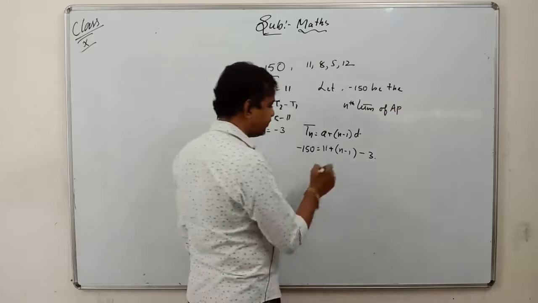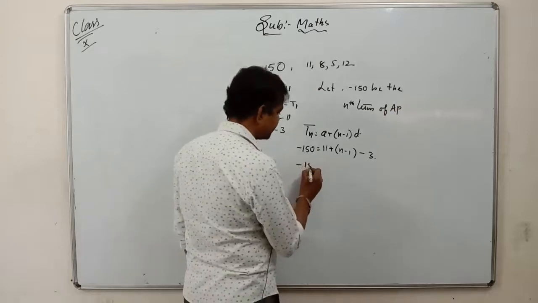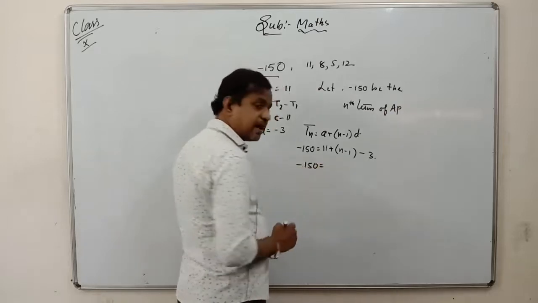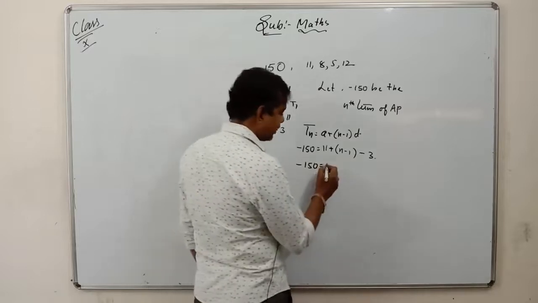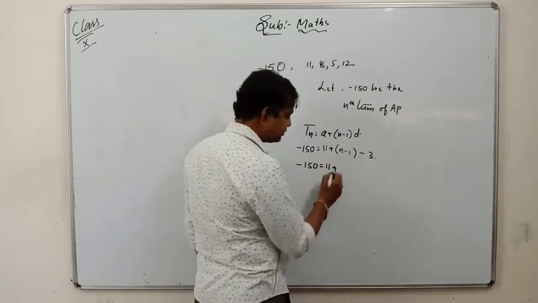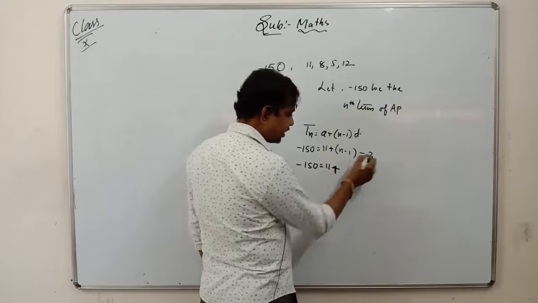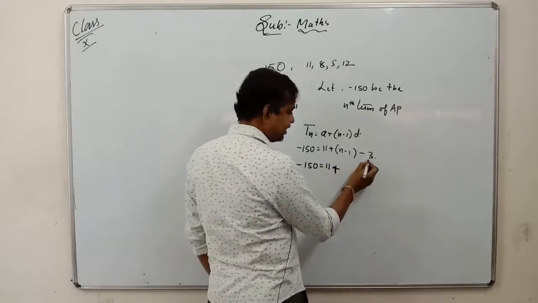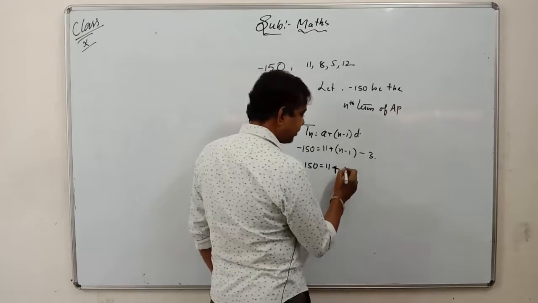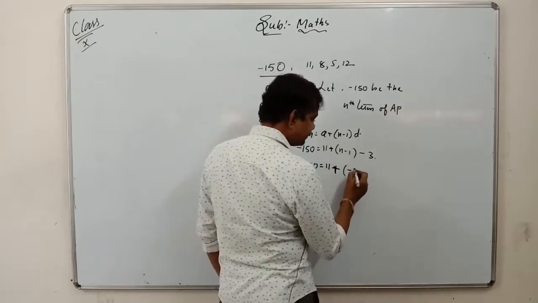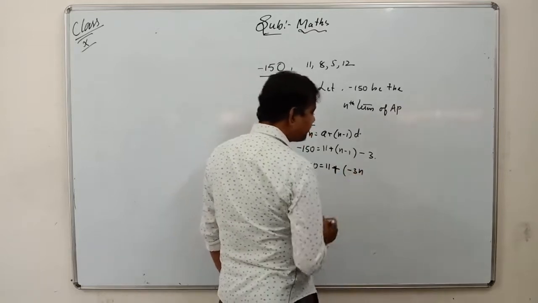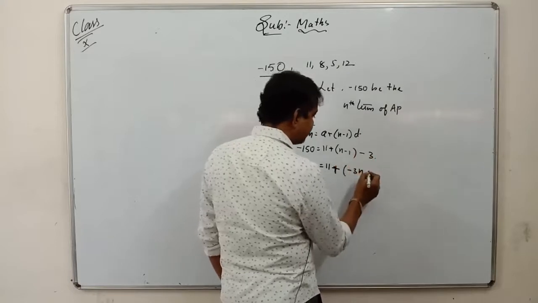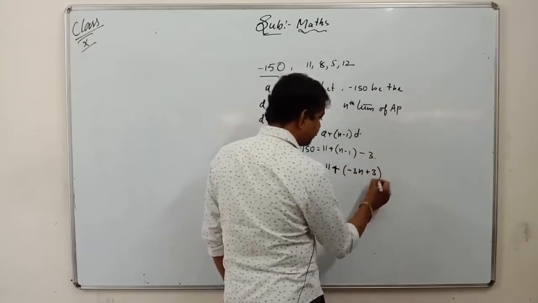So let us simplify it. It is nothing but simplification, just solve. Minus 150 equals to 11 plus, so you can multiply with the minus 3 here. Minus 3 into n, you will get minus 3n, minus into minus you will get plus 3.